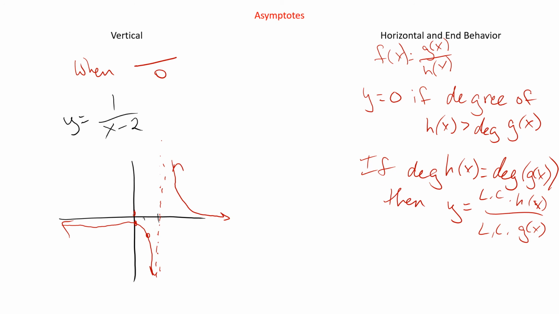So if we had something like, say, this one over here, the degree of the top is 0, the degree of the bottom is 1, so we end up with 0. That is how I knew that these would have asymptotes there and they wouldn't cross over the 0.